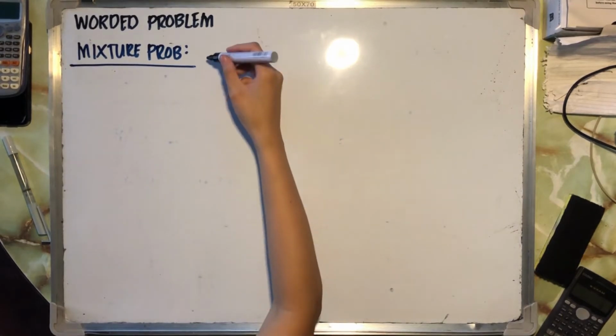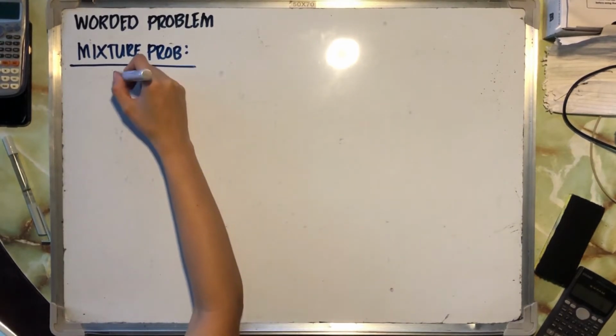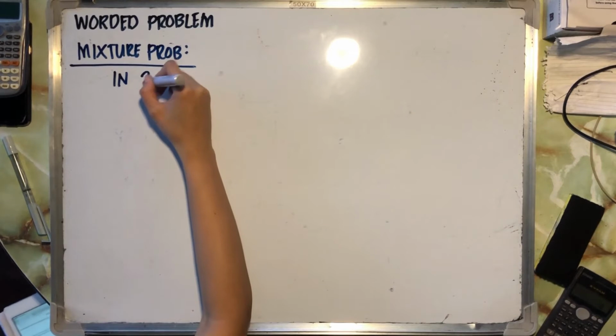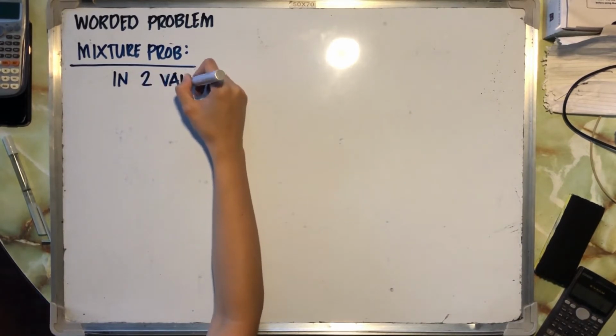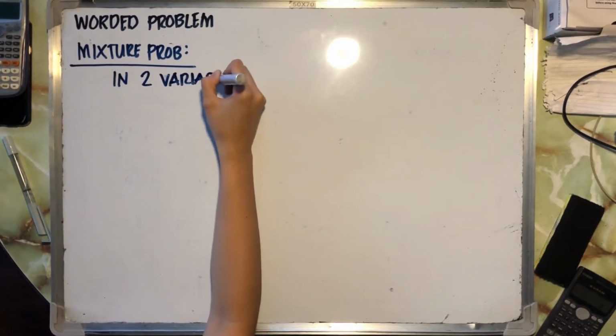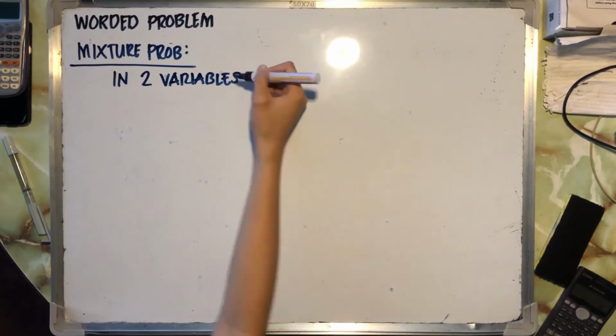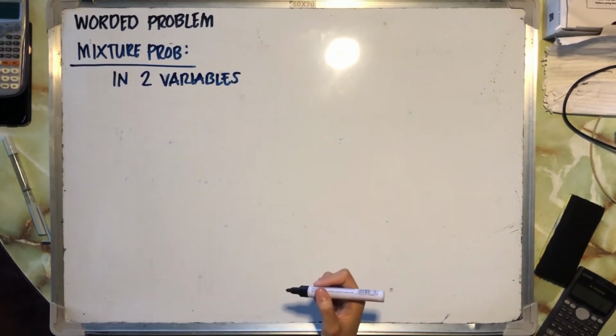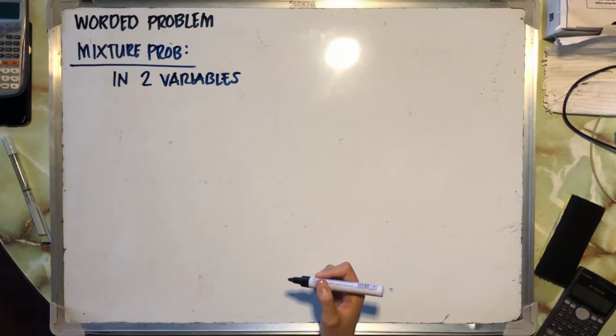Okay, so next problem natin is still a mixture problem. This time in two variables tayo. Okay. So, baka nag-wonder kayo bakit tayo nag-deal with very basic worded problems, because nade-develop kasi ang critical thinking natin dito.